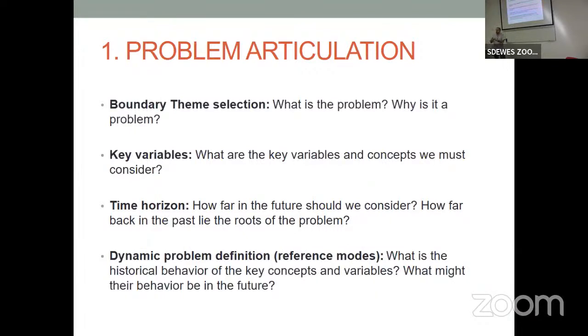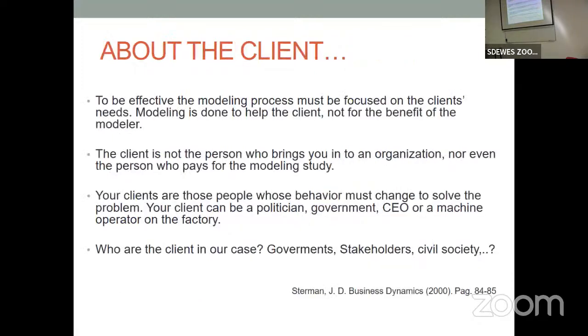We have observed that the CO2 emissions have increased during the last years, the CO2 concentration obviously has increased, and then it provokes an increase of the temperature and climate change impacts and so on. So we need to have these reference modes, and we need to see how we will be able to change. This is the problem articulation.